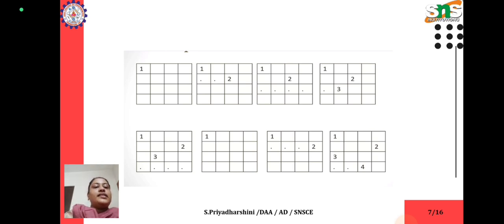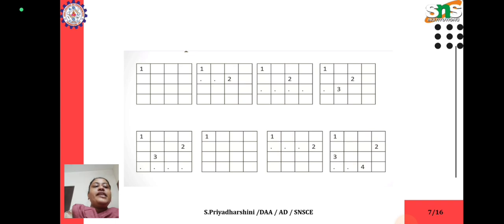When we place it this way, placing queen 3 on the first column, second column, third column, or fourth column is impossible. So we have to backtrack. We did not find a solution for 3, so we backtrack to node 2. Node 2 will be moved to the next column, that is the fourth column in the second row.